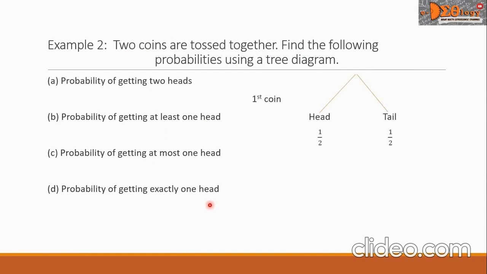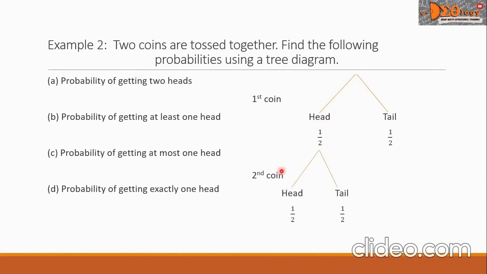Let us write our tree diagram. Let's begin with the first coin. In the first coin, there are 2 sample space, and these are head and tail. The probability of getting a head is 1/2. The probability of getting a tail is also 1/2.